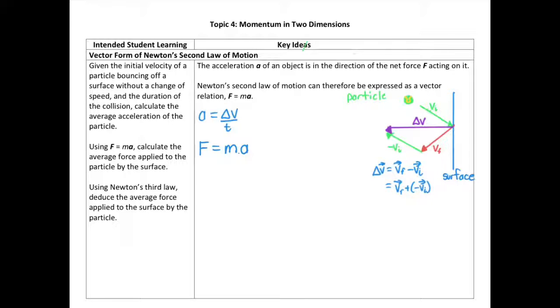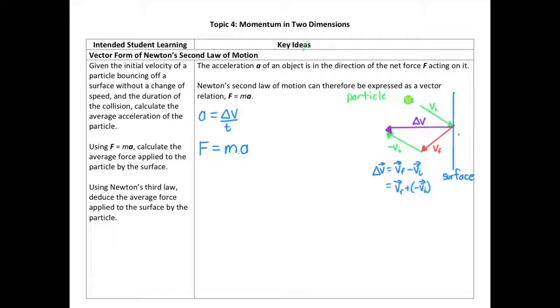Now, it's a bit of a chicken and an egg. What comes first here? Does the ball apply a force on the wall, or does the wall apply a force on the ball first? I think the ball is moving along at constant speed. A force must act to cause it to accelerate. So a force must act because it changes direction, it's accelerating.